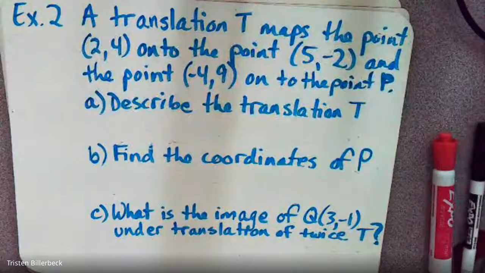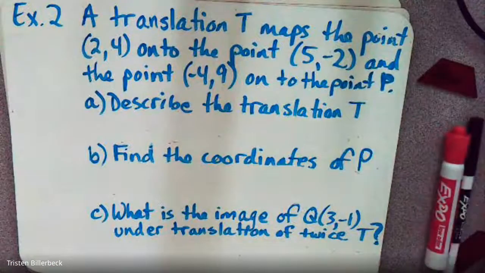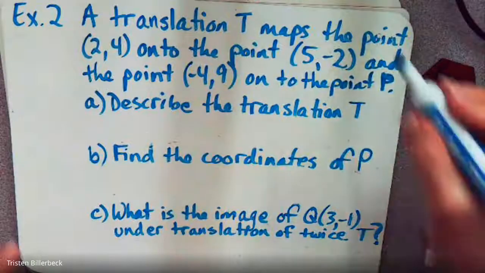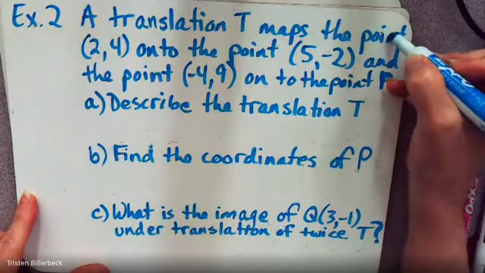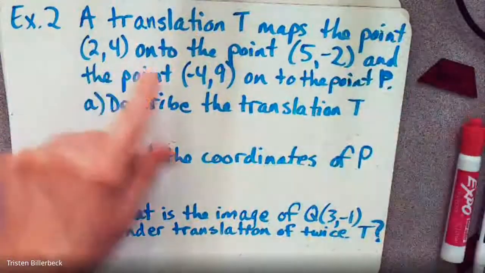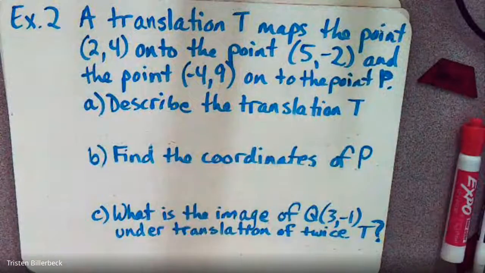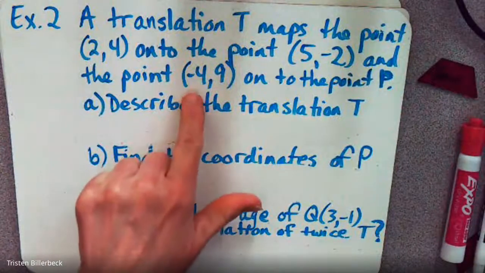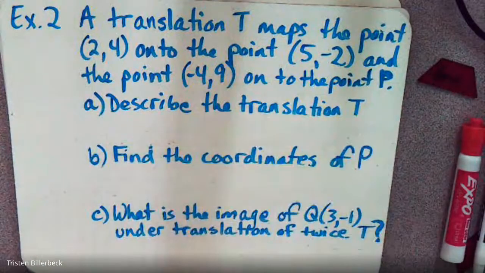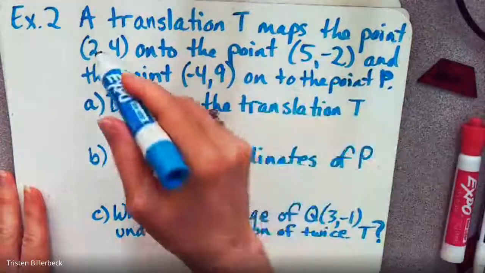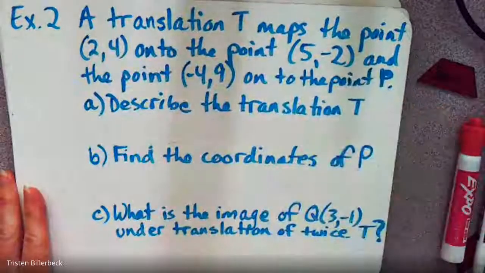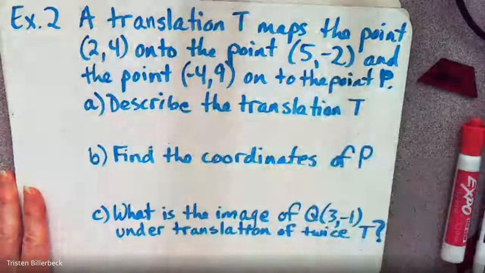So if we have a translation T that maps point 2, 4 onto point 5, -2, and the point -4, 9 onto point P. Describe the translation T. Well, first we need to see how far it moved to get from here to here.